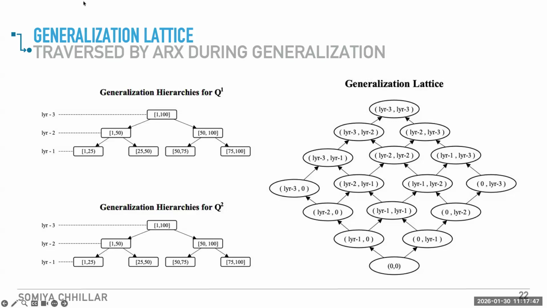If you see, each node is a combination of the layer of each hierarchy. So for example, the bottom has 0, 0, which means it's raw data. I haven't generalized it at all. But if we move a little up, to this node that's highlighted, which is layer 3, layer 1, it means that attribute 1 has been generalized to layer 3, and attribute 2 has been generalized to layer 1.